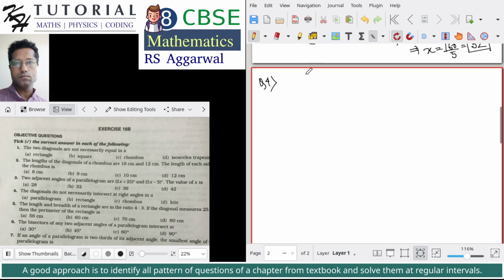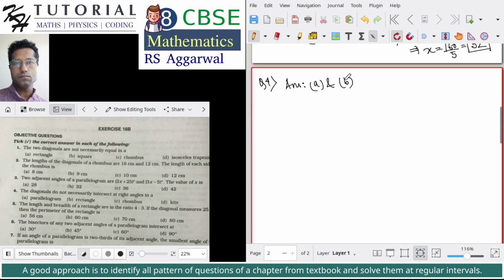The diagonals do not necessarily intersect at right angles in a... there are two choices, as I can see. It will be A, in a parallelogram, and in a rectangle the diagonals do not necessarily intersect at right angles. Only in rhombus and kite they always intersect at right angles. I'm not sure why two answers are correct. These are multiple choice questions.